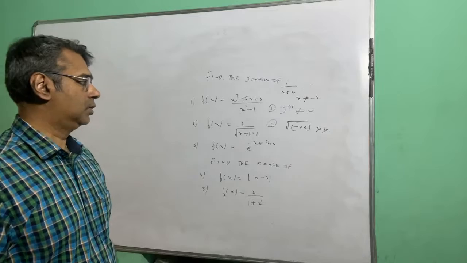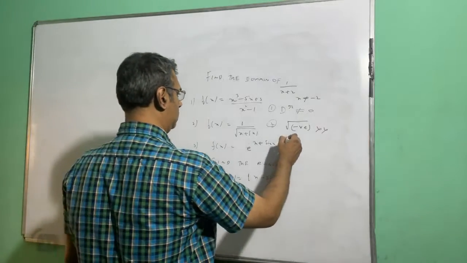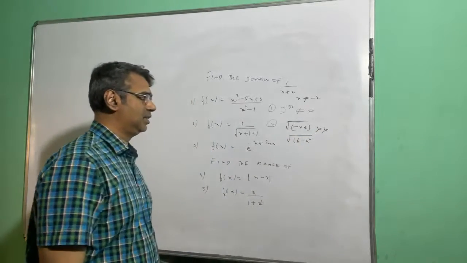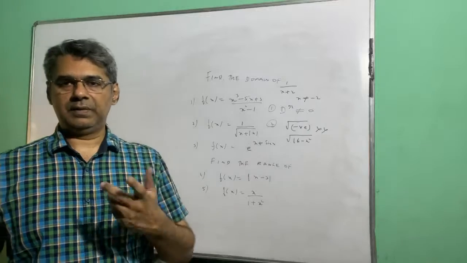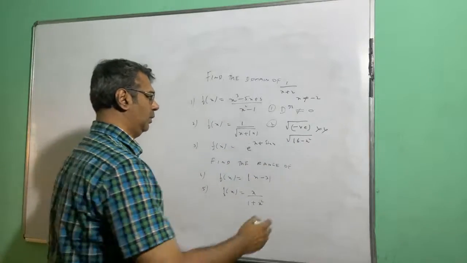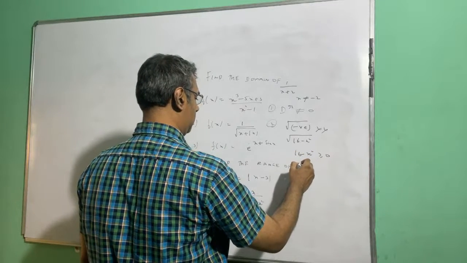And the square root of a negative number is not allowed. Suppose I ask you what is the domain of root over (16 minus x square). So 16 minus x square has to be greater than or equal to 0.